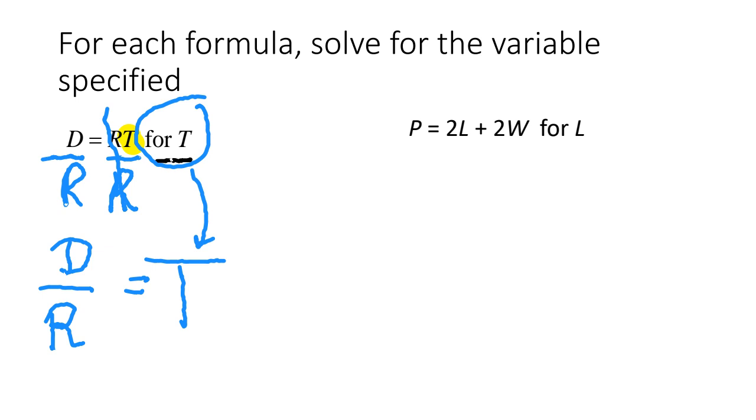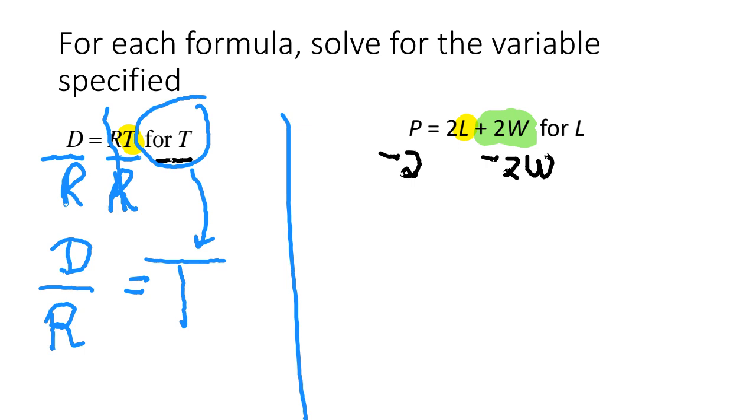Okay, now this next one, notice that we want to solve for L. Well, before we can do that, we have got to get rid of and isolate the 2L first, which means we are going to subtract 2W from both sides.